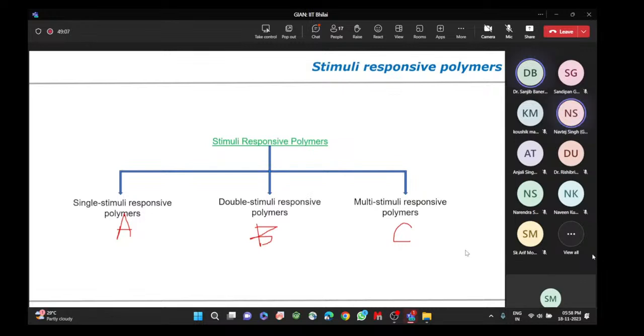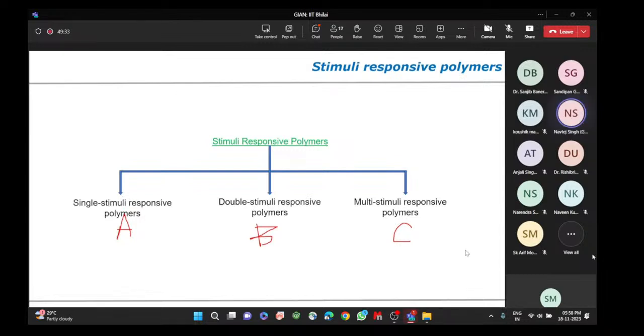Okay, can you please explain the order? Why do you think that C is most preferred? So C, as we can see, is multi-stimuli responsive. It is responsive to more than one type of stimuli. So we can precisely tune any of the material according to the place of application of that final product, according to one or more types of stimuli.